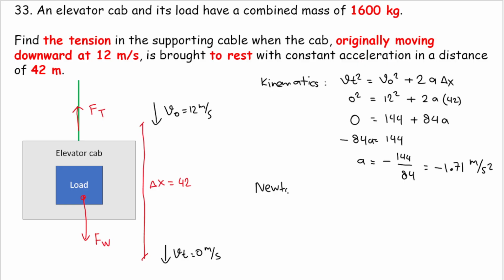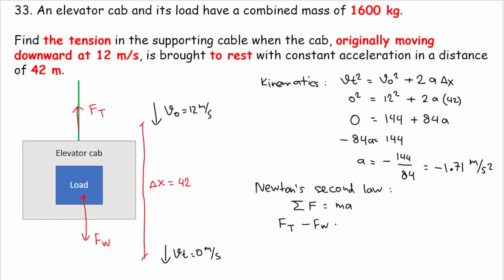Newton's second law says that the sum of the forces, the net force, is equal to the mass times acceleration. The positive force here is the force by the tension, so I will have Ft, which we are looking for, and in the negative direction we will have minus Fw, which we should know because it is mass times gravity.